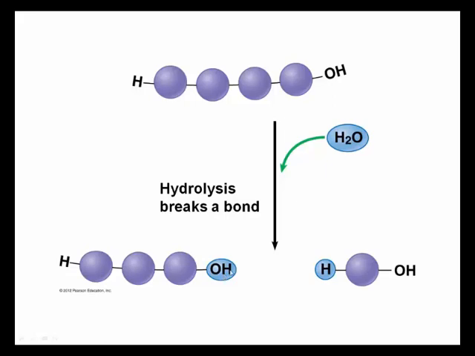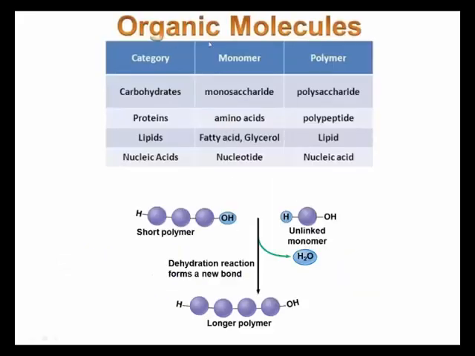So these four macromolecules that we talk about are the organic molecules or the biological molecules. We can think of them, with the exception of one, the lipids, as a series of beads on a chain. Carbohydrates, one category of molecule, is made up of a chain of monosaccharides. The chain is called a polysaccharide.